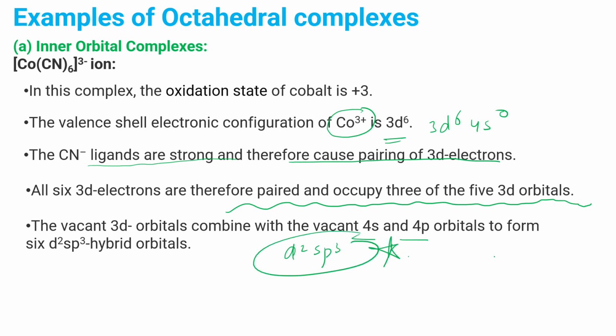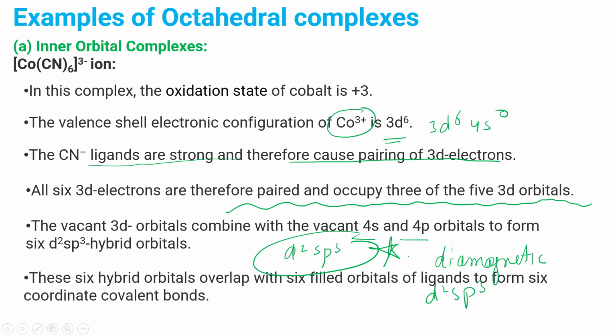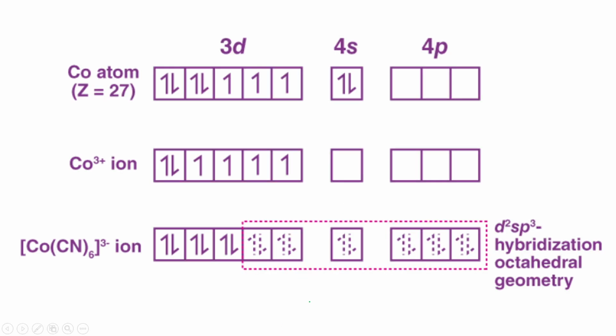And therefore the complex has no unpaired electron. It is diamagnetic, and the hybridization is d2sp3. Hope you guys understood. The 6 hybrid orbitals overlap with the 6 filled orbitals of the ligands to form 6 coordinate covalent bonds. Okay.